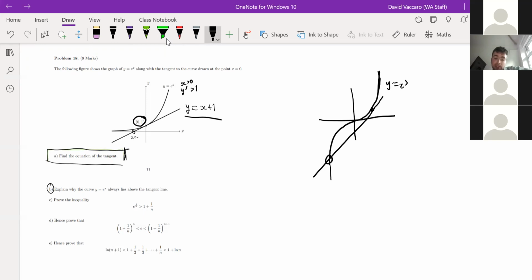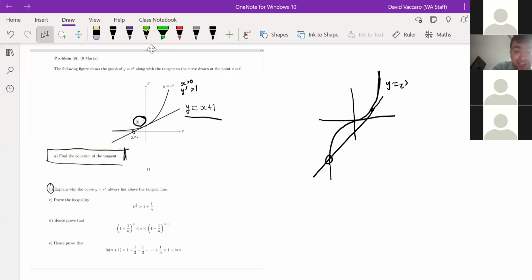Which is steeper to the left of the point x equals 0, 1? So which is steeper if x is negative? Well, again, because the y equals e to the x curve is always getting steeper, because its gradient is just e to the x, which is an increasing function, y equals e to the x is always getting steeper.